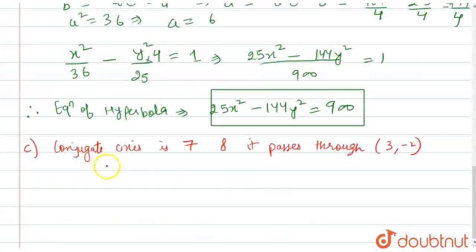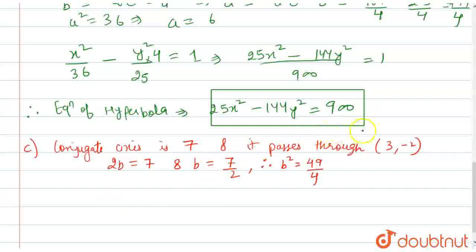So conjugate axis is 7, so 2b will be equal to 7 and b is equal to 7 by 2. Therefore b square will be equal to 49 by 4.